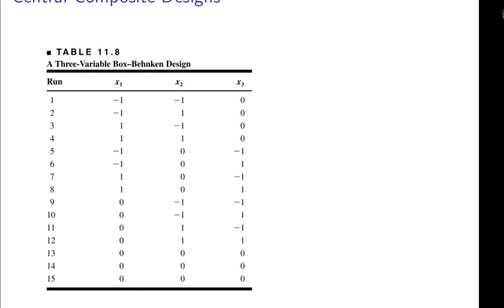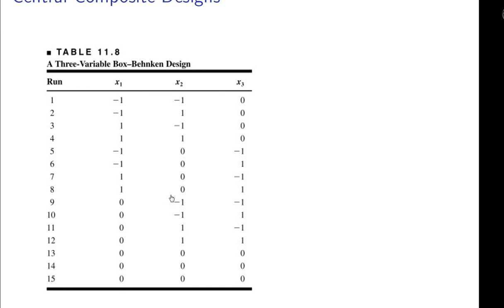So let's take one step back. Here is a 3-variable Box-Behnken design, 3 factors, and there are, as you see, 15 runs. In this case, you see that the center runs are 13, 14, and 15, right?